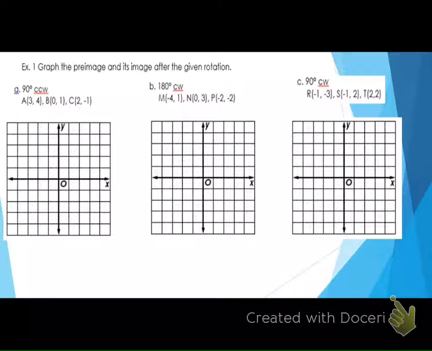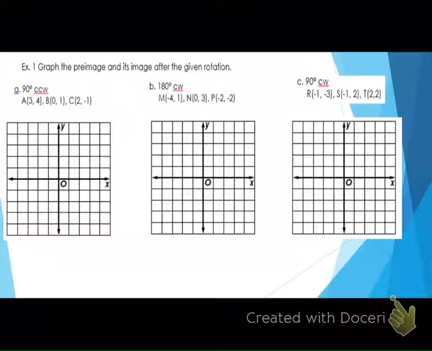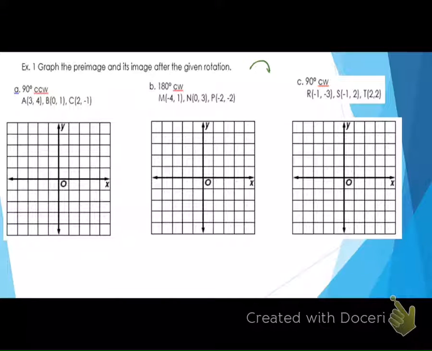So first of all, we're going to graph the preimage and its image after the given rotation. The first thing we need to understand is clockwise versus counterclockwise. Because you guys are so used to digital clocks, you don't really see the analog clock anymore. So remember, that is clockwise, and rotating this way would be counterclockwise.